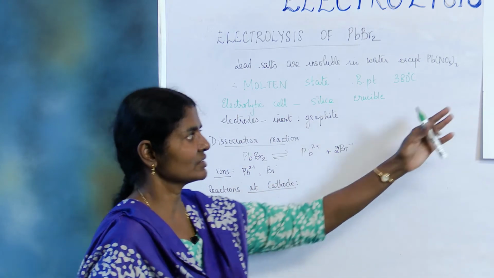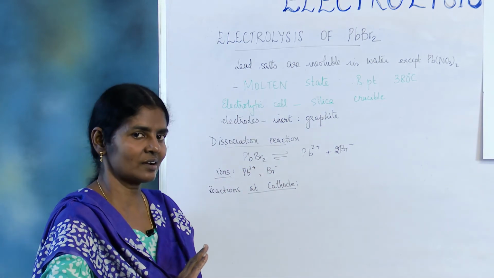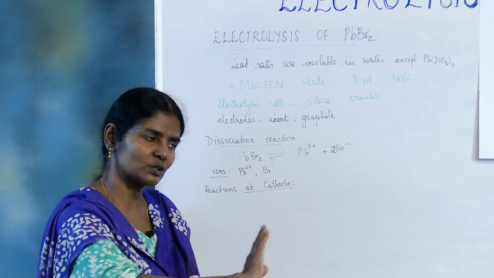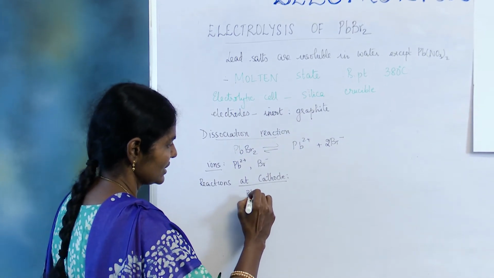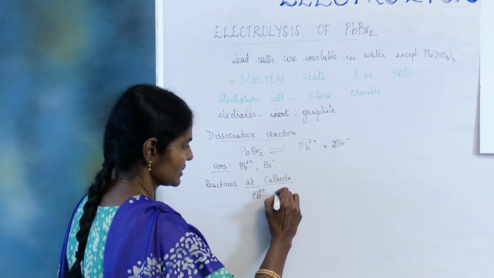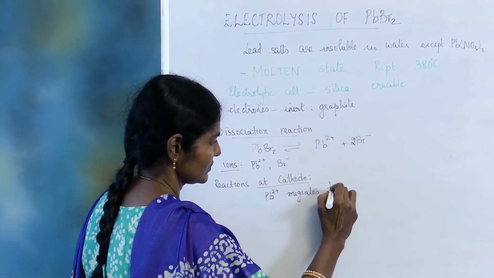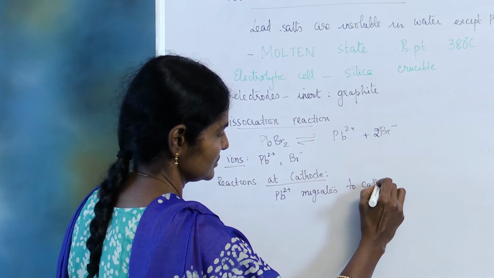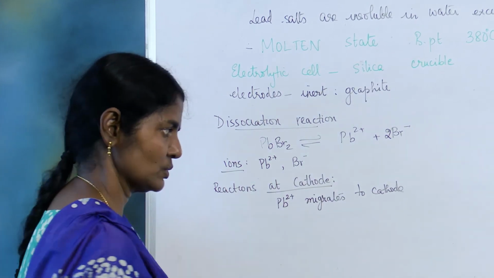According to the mechanism of electrolysis, metals or cations will move towards the cathode. So which one is going to move? Lead only, because that is the metal. This migrates to the cathode.